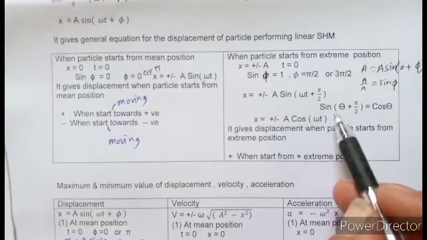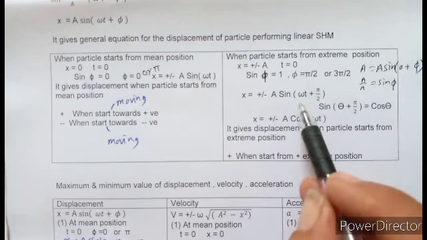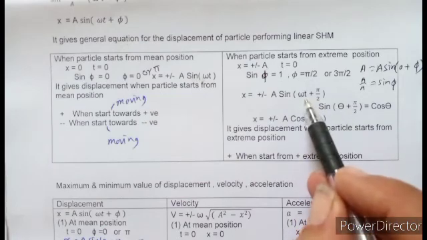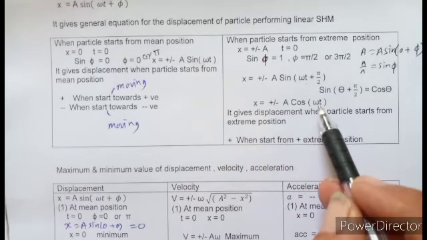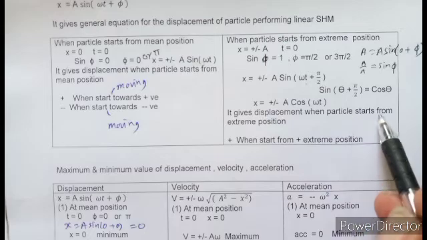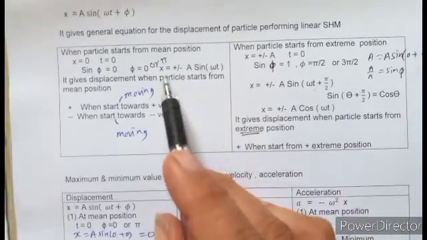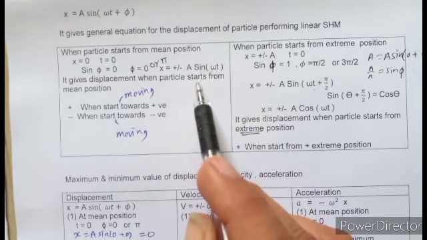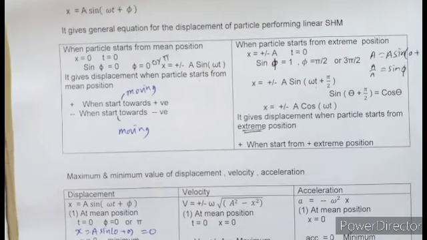We know the formula sin(θ + π/2) is equal to cos θ. Apply the same here, where θ is equal to ωt. So we get x is equal to plus or minus A cos ωt. This is the equation of displacement when the particle starts from the extreme position, and when it starts from the mean position, then x is equal to A sin ωt.